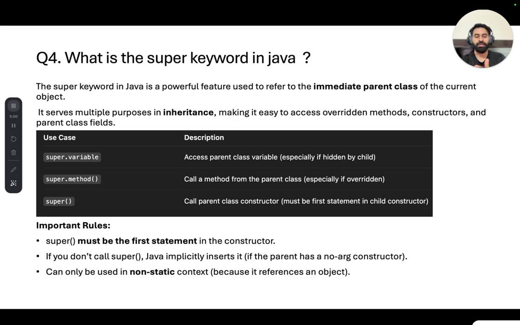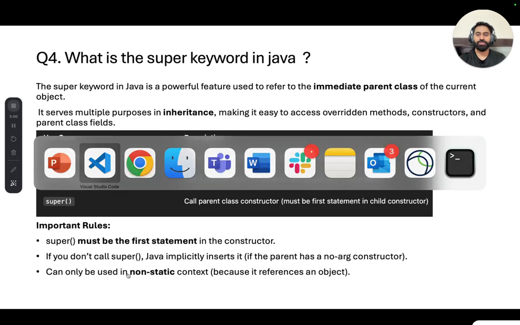I will show you in an example, then you will get the point. The third rule is that super can only be used in a non-static context, because it refers to an object. Okay, so we will try to see one example.